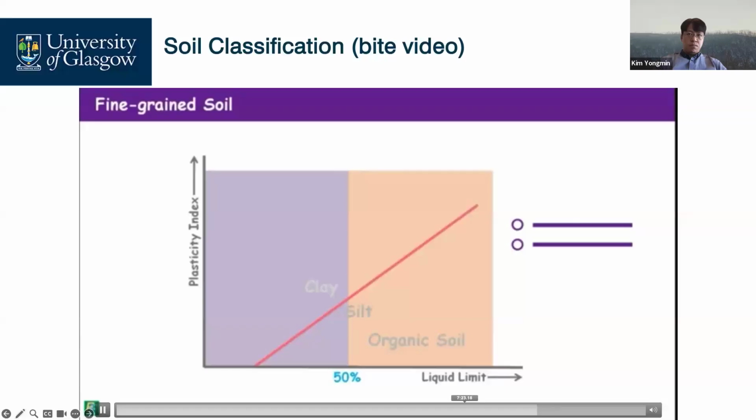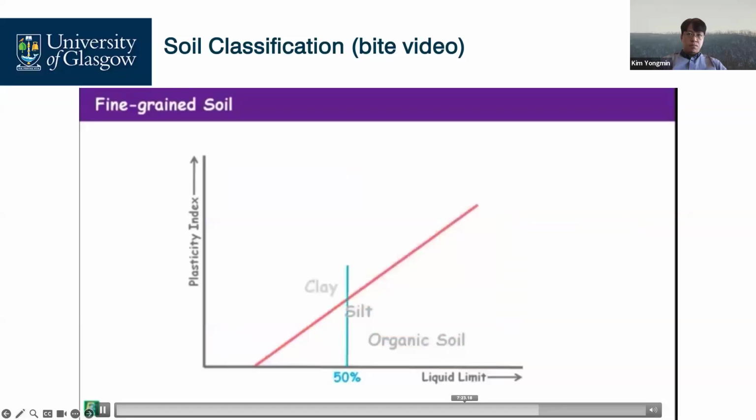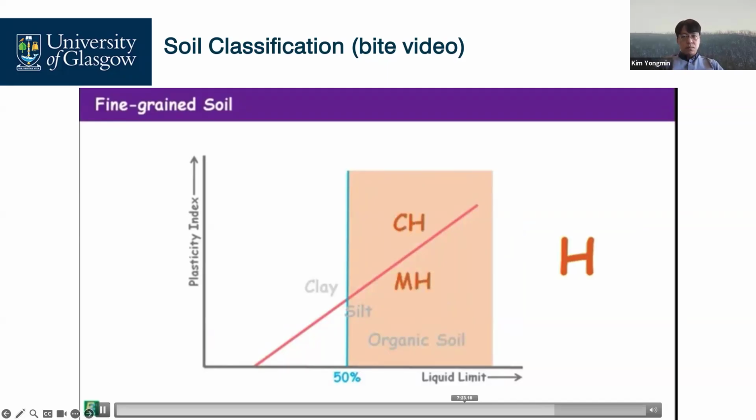So in the graph, we plot a vertical line at liquid limit 50%. According to this system, fine-grained soils lying to the right of this line have high liquid limit and are represented by the symbol H. If the soil in this part is clay, then the symbol used will be CH. If it is silt, then MH, and for organic soil, it is OH.